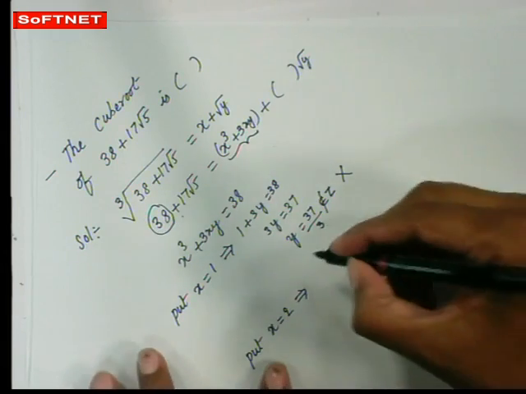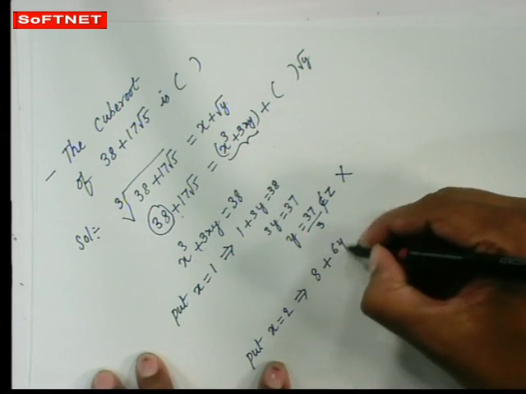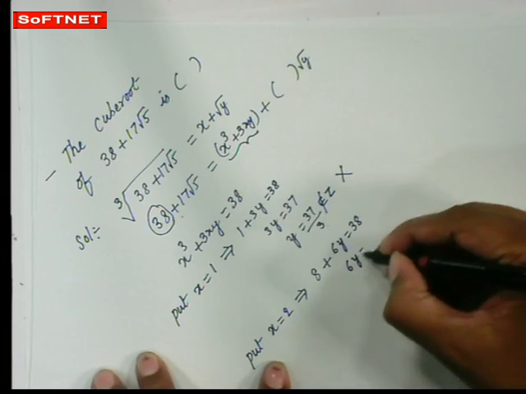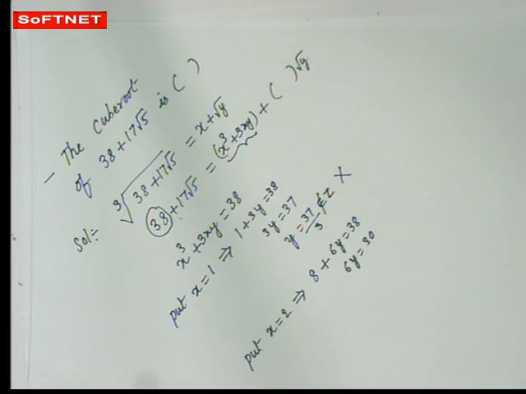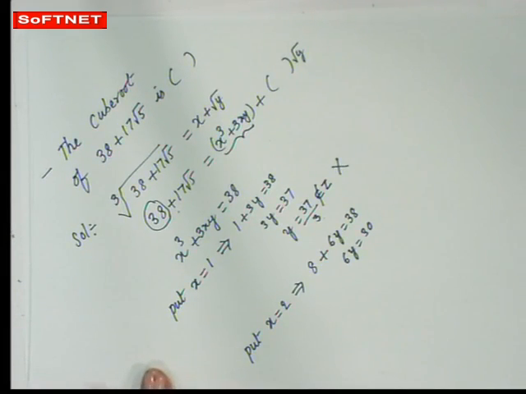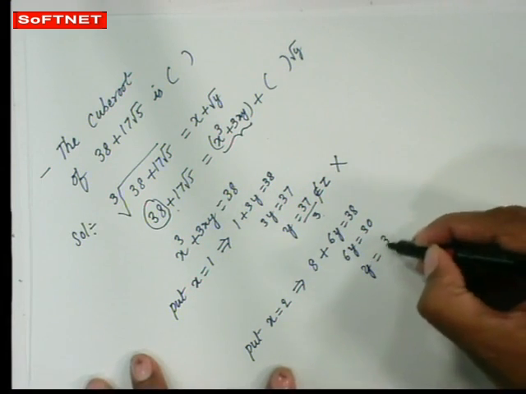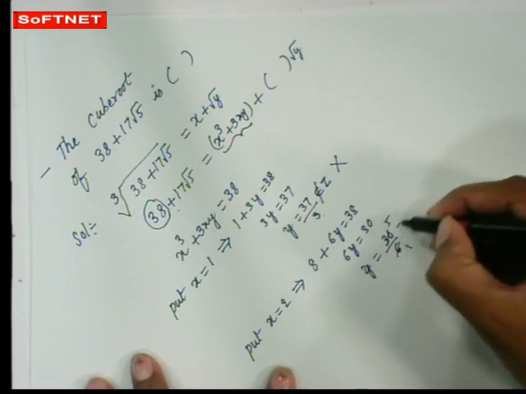Okay, 8 plus 3 into 2, 6y is equal to 38. 6y is equal to 38 minus 8, 30. 30 is one of the multiples of 6. y equals 30 by 6, 6 fives are 30, so 5.